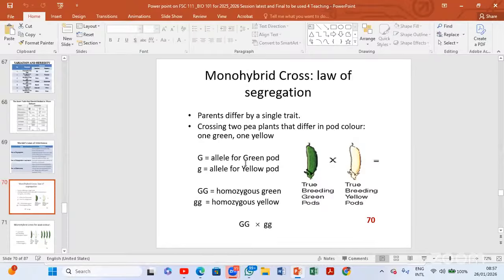So you represent the green pod by capital GG and represent the yellow pod with small gg.